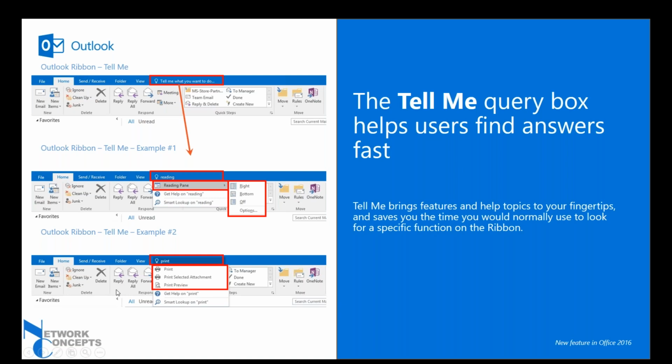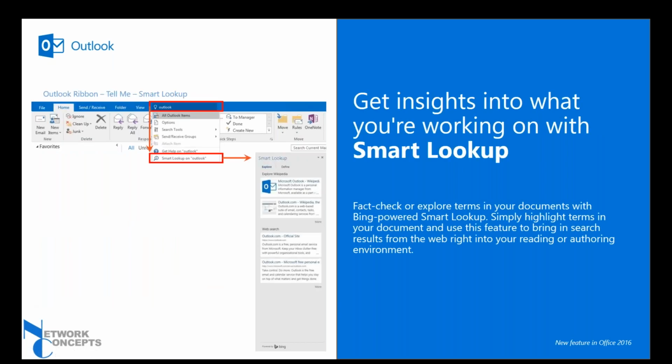I entered "print" into that Tell Me feature, and I have print select, print preview. So I can go right there and choose an option instead of going to our ribbon over here. It makes it a lot easier. All right, let's move on.